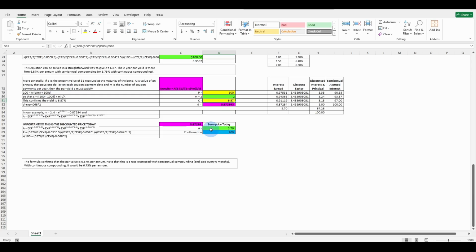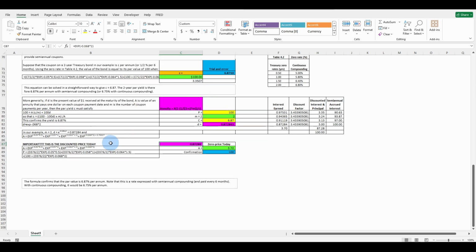We're using a zero. So we have D, which is this 0.87284. And then this 0.87284 is this 6.8. That means we're looking at the discounted price today, 6.87, in order to arrive at all of these other numbers. Our discount factor is D, here's our D, which is the 6.87, which is our discount factor. This would be our compounding factor, 0.87284.